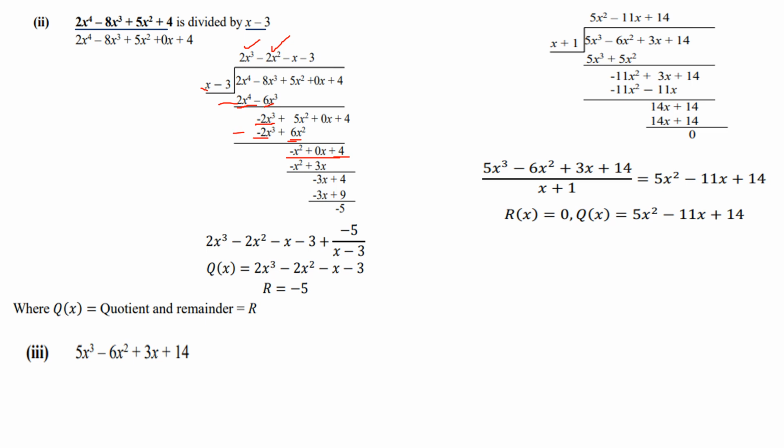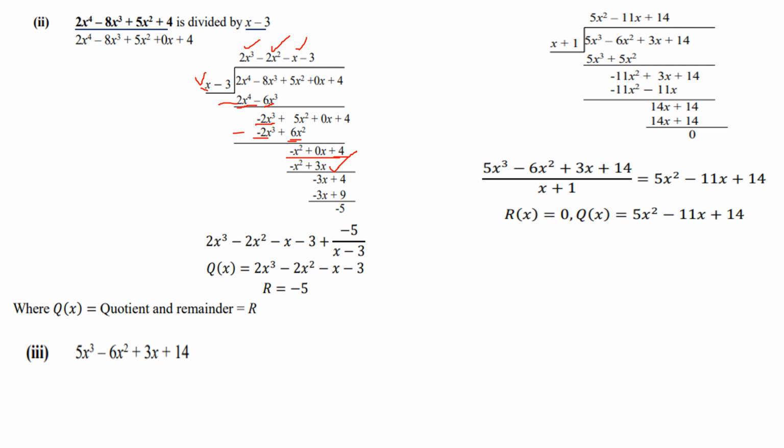So if you divide negative x squared by the x on our divisor, we are going to get negative x. And then we get that negative x and we multiply it through our divisor. So it's going to be negative x times x to give you negative x squared, and negative x times negative 3, you're going to get positive 3x as you are seeing it there. And then you subtract.